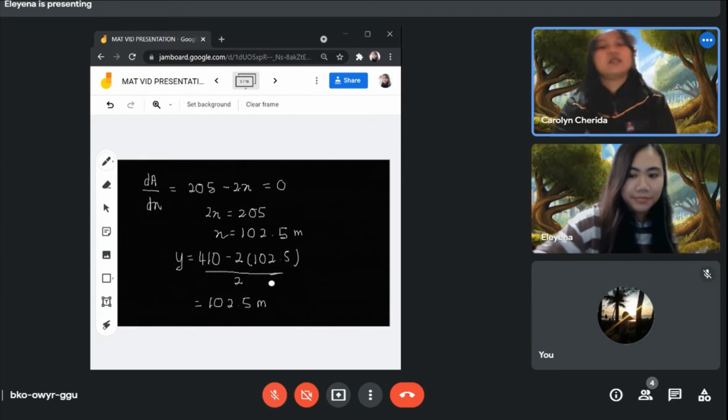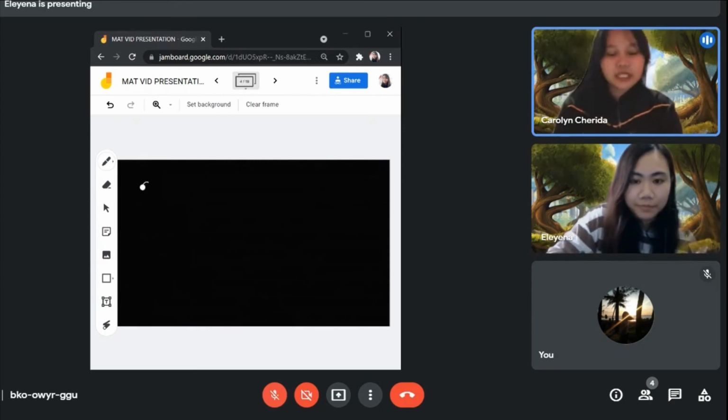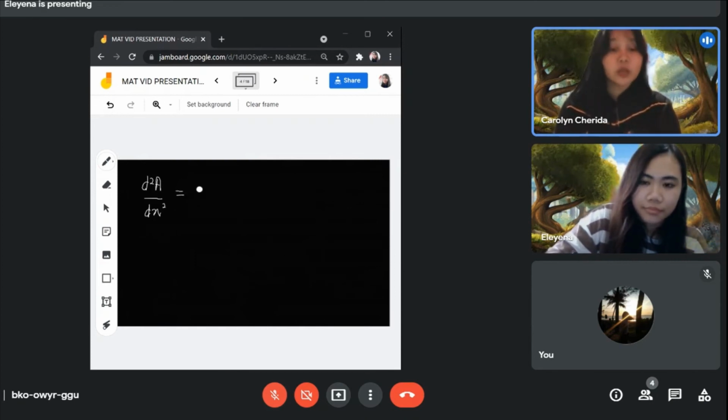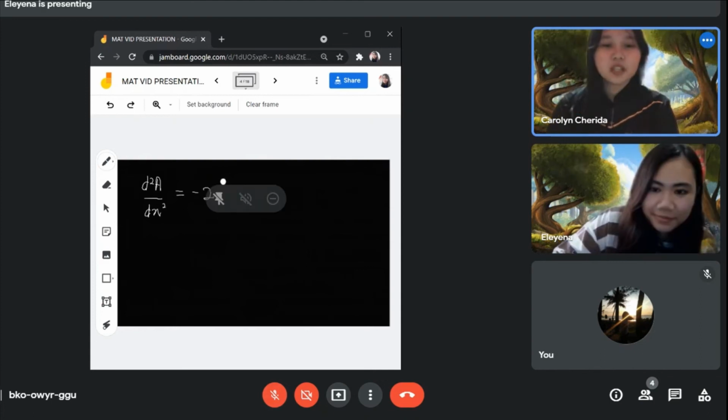Okay. To find the maximum area of this quarantine center, we differentiate the function of the area a second time, and we get d squared A over dx squared equal to negative 2, which is less than 0.